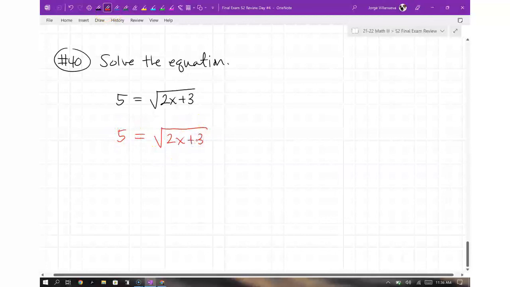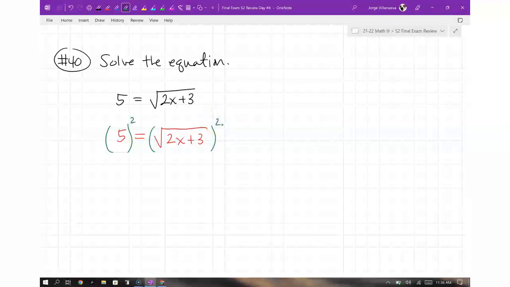What did you guys say? Multiply? Divide? Not division. Square it. Yeah, we want to square it. Square a square root. And then to get rid of a power of 2 or a square power, you square root it. It's just the opposite.